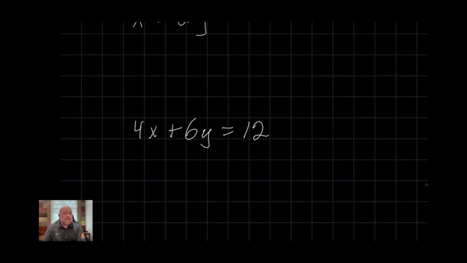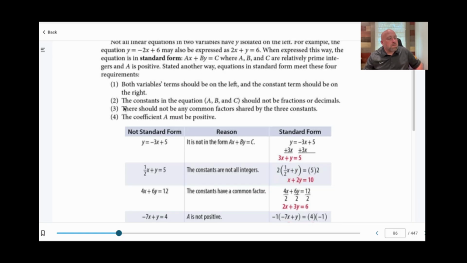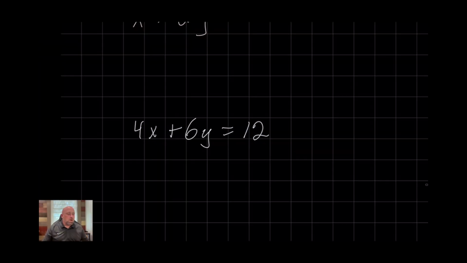What's wrong with this one? You might say, I don't see anything wrong with that one. Remember back to, let me bring this up. So number 3 right here says, there should not be any common factor shared by the 3 constants. So if we go back here, notice that 4, 6, and 12 have a common factor, and that common factor is 2.